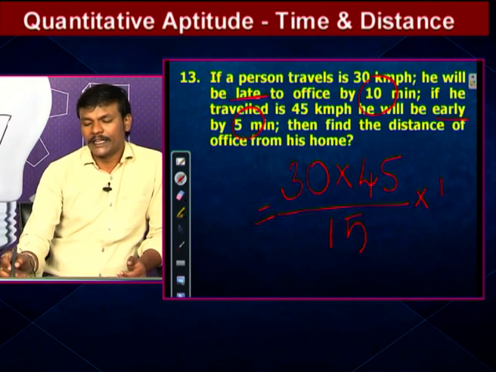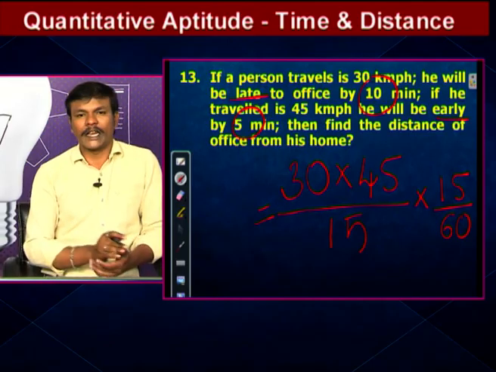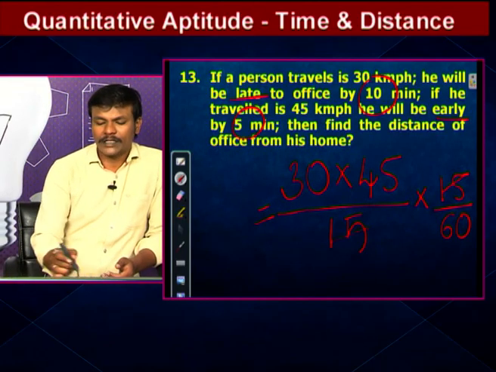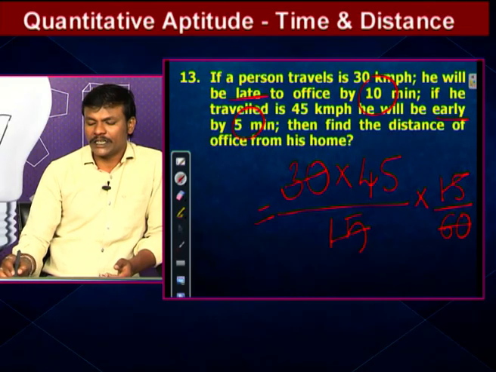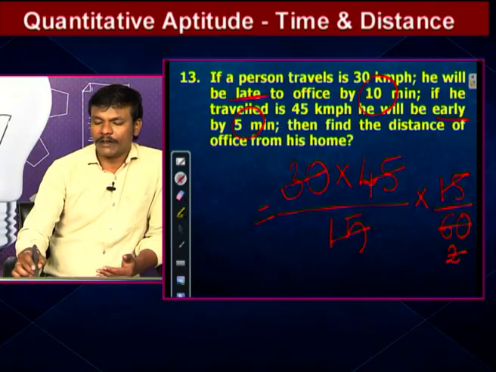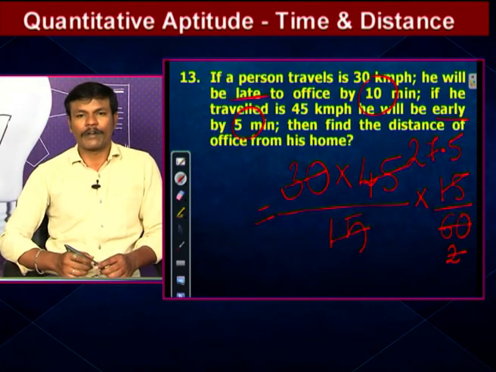Minutes converted to hours, 15 by 60. So 15 cancel, 30 twos are 60, 45 by 2 is 27.5 kilometers of distance from his home to his office.